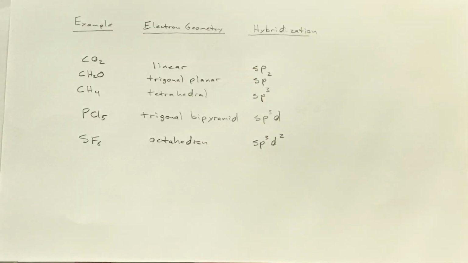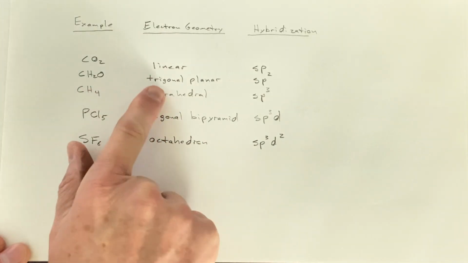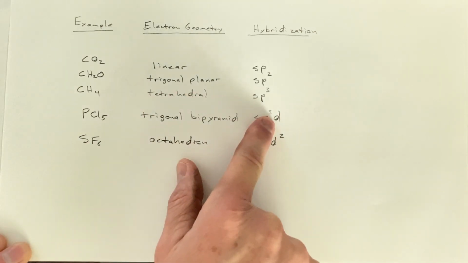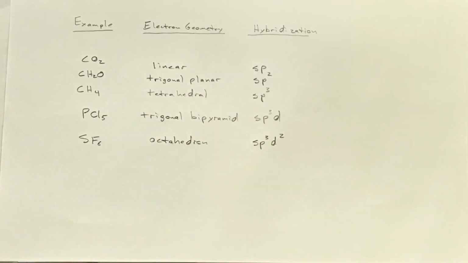So as we look at this, that actually becomes extremely important. If biochemical systems, organisms, are able to recognize different chemicals based off of shape, we must have some way to ascertain the shape of a molecule, and we are now in our studies on doing so. So it is important to be able to go back and forth from electron geometry to hybridization and hybridization to electron geometry. Let's go ahead and work a few examples.